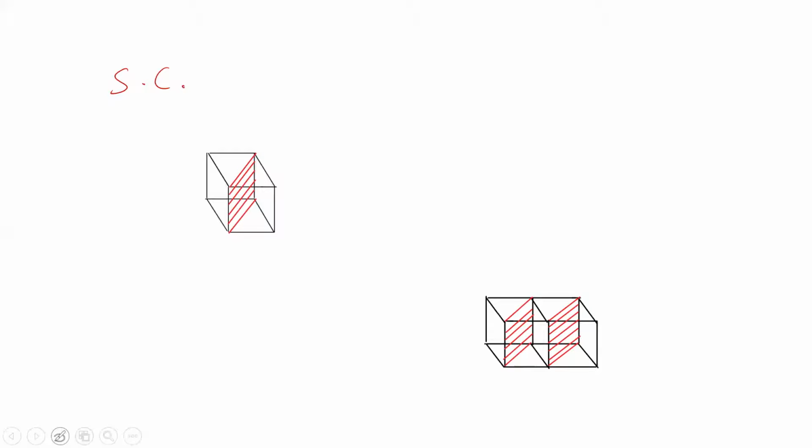Here it is O, the x-axis, the y-axis, the z-axis. From O to this point is A, this is B, this is C. Now first we will see the Weiss intercepts.